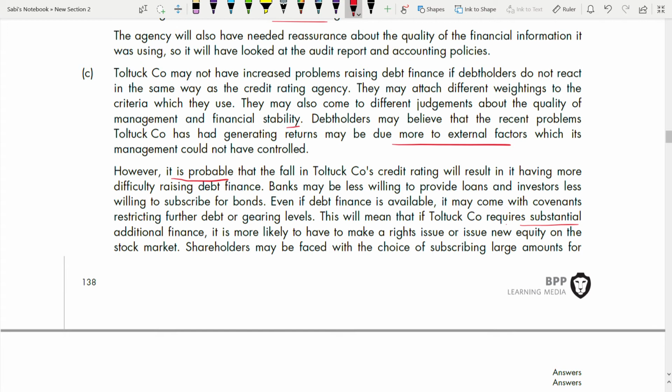This is very beautiful. All these points require you to think more, think in depth. Critical thinking is required in this type of question. Your textbook knowledge or this case study will not help you. There are some things beyond the case study. You have to look at the factors. For example, nowhere in the case study did they tell that they will have issued a rights issue or new equity.